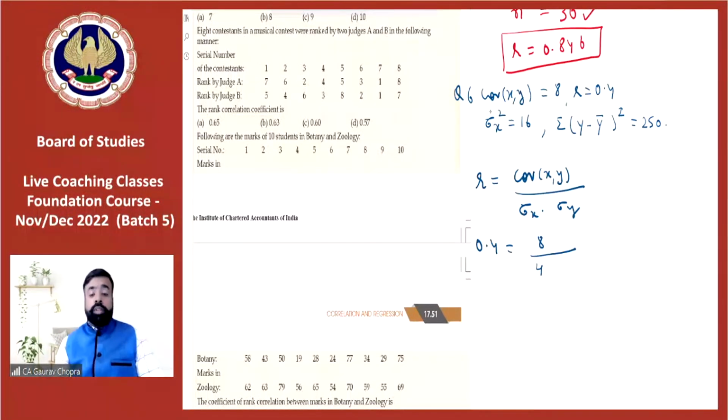Now what about sigma y? Sigma y is not given. So we have to apply the formula for sigma y, the standard deviation: square root of sigma y minus y bar whole square upon n. In place of this, we have 250 upon n.